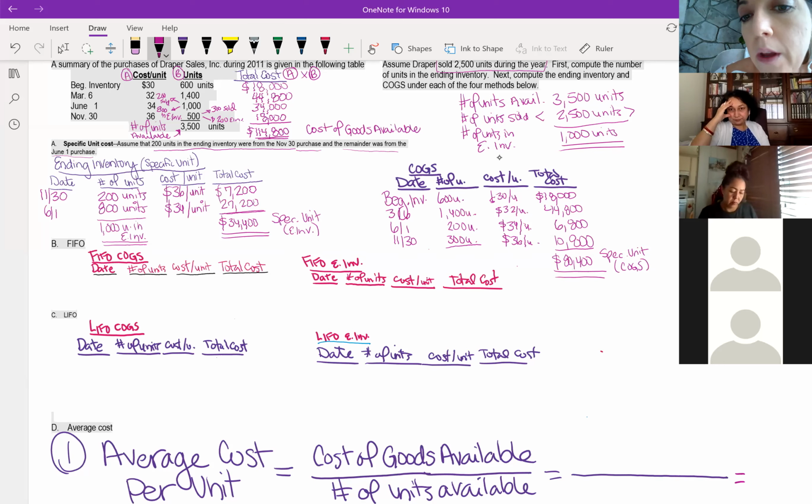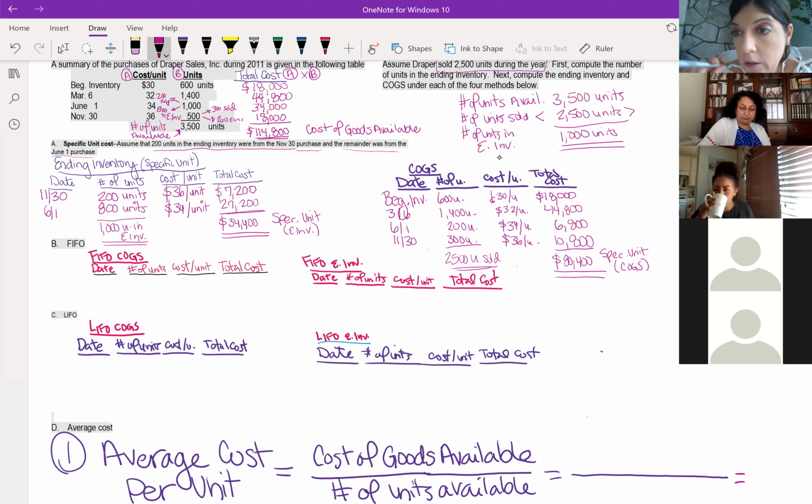When you add up 600 plus 1,400 plus 200 plus 300, it does come out to 2,500 units sold, which is what we need to calculate too. Additionally, if you want to just double check your work, when you add the 80,400 to the 34,400, it equals 114,800.